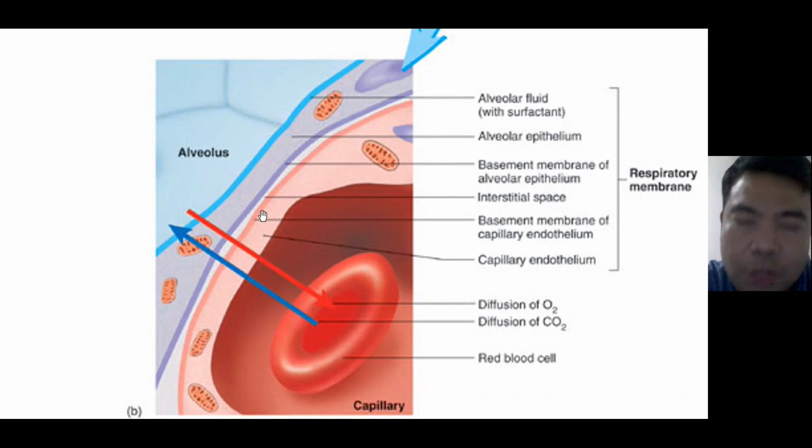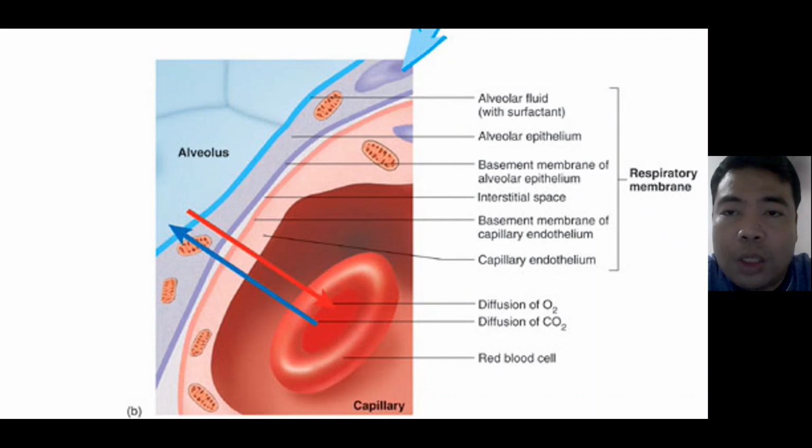Now, ano yung pang-anim na layer? Yung interstitial space. Yung kulay white. The interstitial space is located between the basement membranes of the alveolar epithelium and capillary endothelium respectively. Okay?